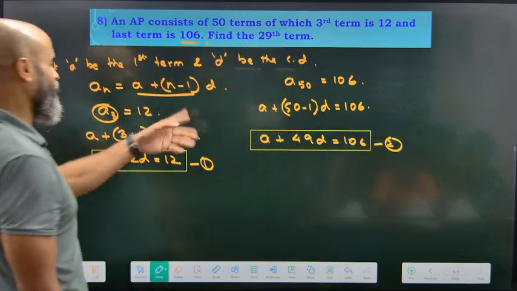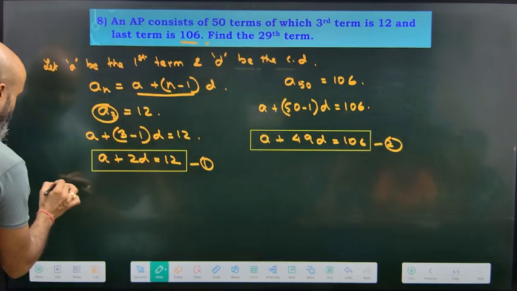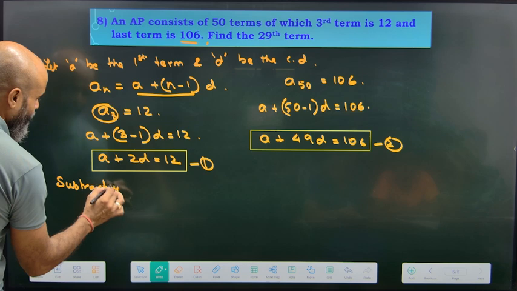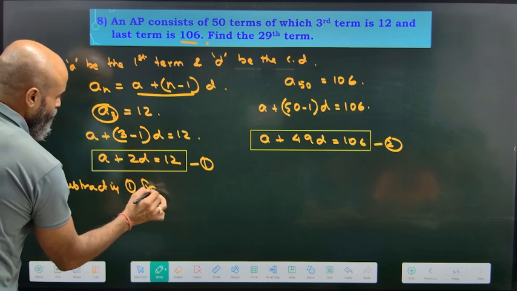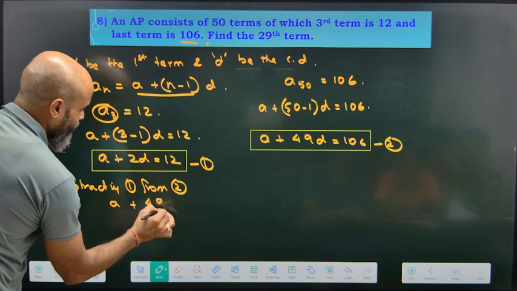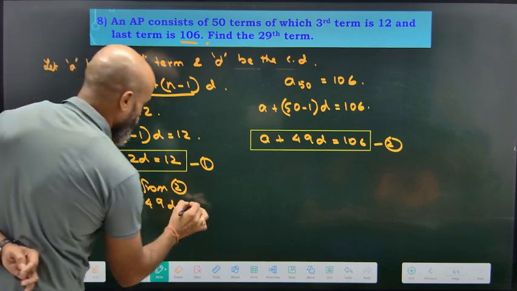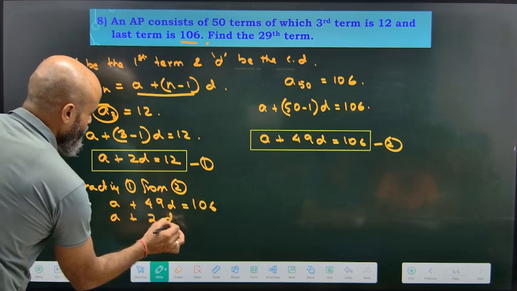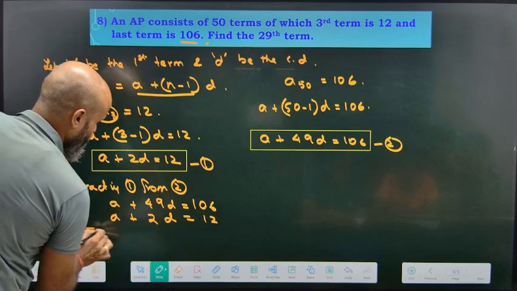Now subtracting 1 from 2 or 2 from 1, whatever. Subtracting 1 from 2, what do we get here? A plus 49D is equal to 106. A plus 2D is equal to 12.